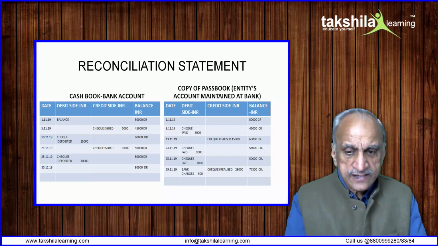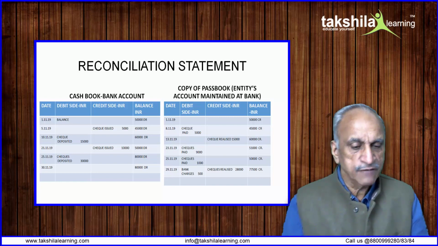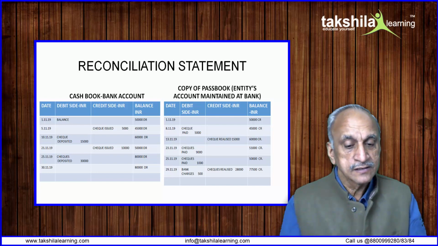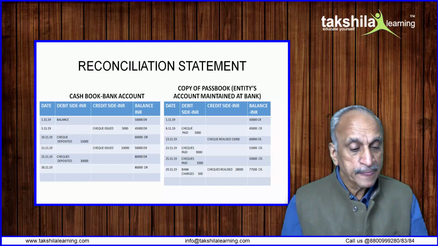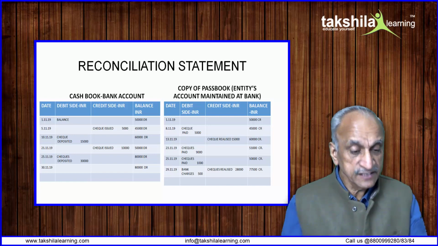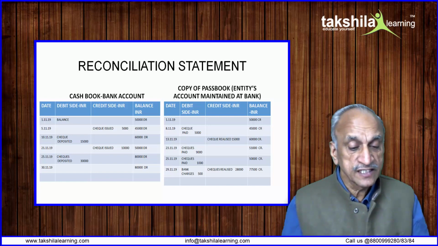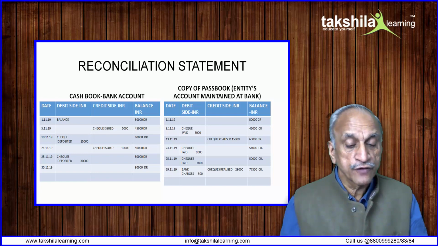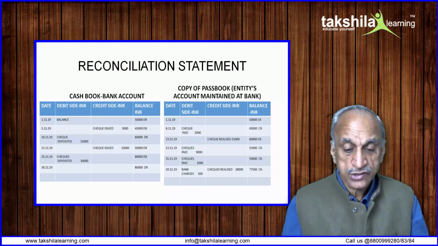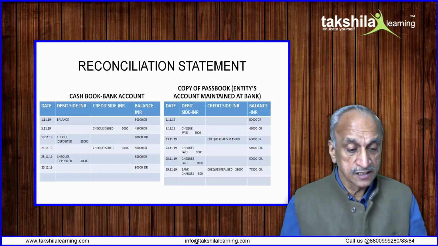If you compare all the transactions, for example, a check issued on 5th is paid on the 9th. Then a check deposited for 15,000 is credited on the 13th. You have issued a check on 21st for 10,000, and it was collected in two parts, on 23rd 9,000 and on 25th 1,000.